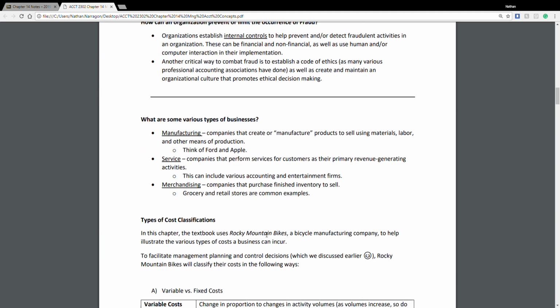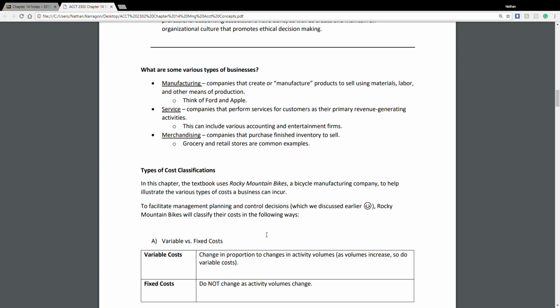So, next part, again, we're going back over various types of businesses. We have manufacturing, which is companies that create or manufacture products to sell, and they use materials, labor, and other means of production. I like this, think of Ford or Apple.